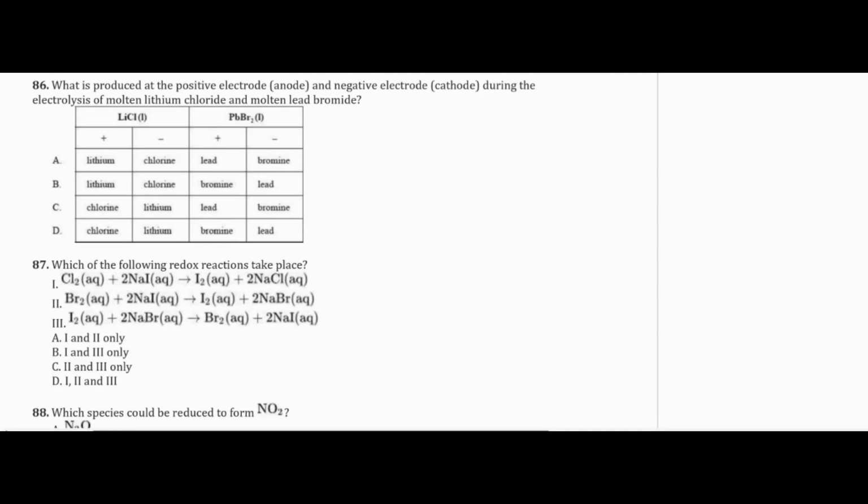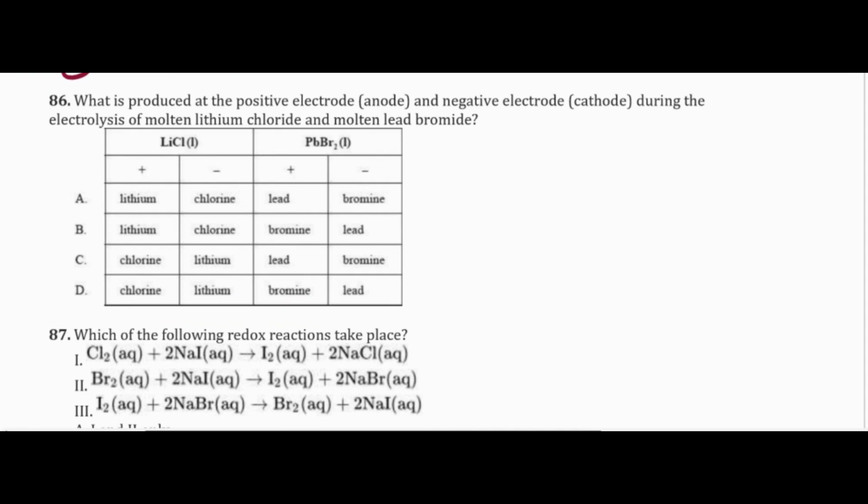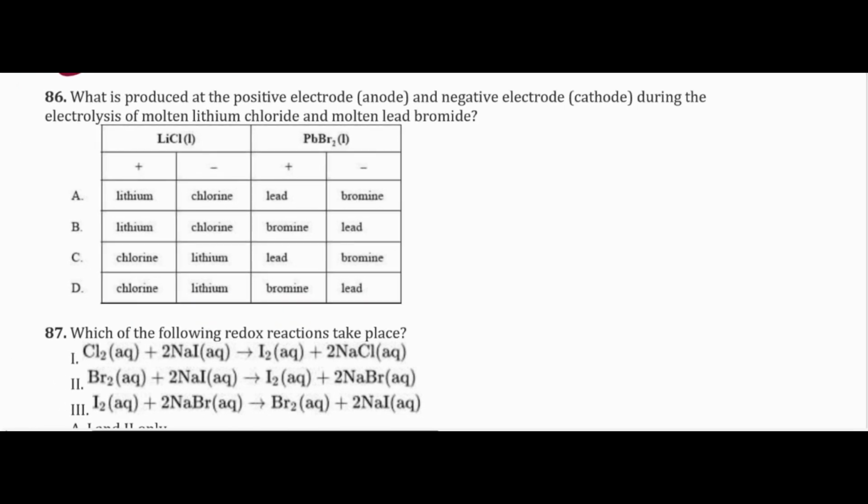86. What is produced at the positive electrode, the anode, and negative electrode, cathode, during the electrolysis of molten lithium chloride and molten lead bromide? Okay. So with the lithium, okay, so let's zoom in. We have lithium chloride. We have lead bromide.